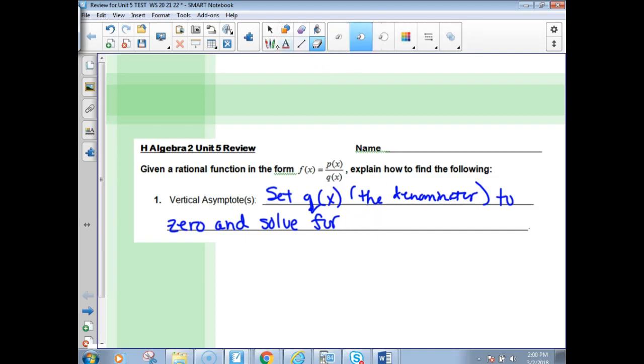Or you could say find the zeros of the denominator. Yeah, absolutely. Factor the denominator, set it to 0 and solve, sure.